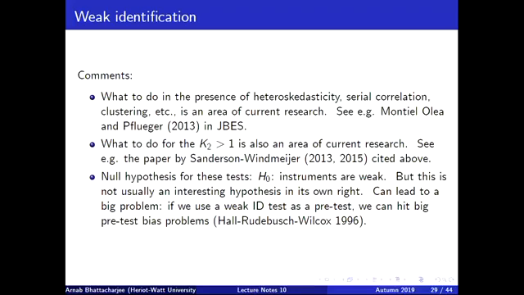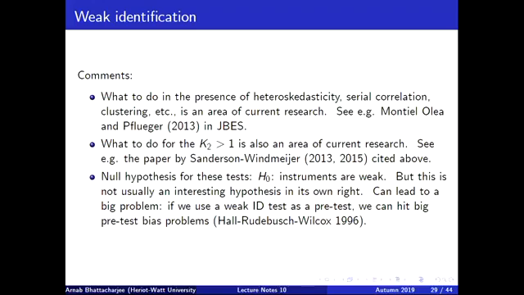So what do you do if you have heteroscedasticity, serial correlation, etc.? It's not quite known. Things are getting developed there. There's one important paper by Montiel Olea and Pflueger in the Journal of Business and Economic Statistics, fairly recent, 2013.